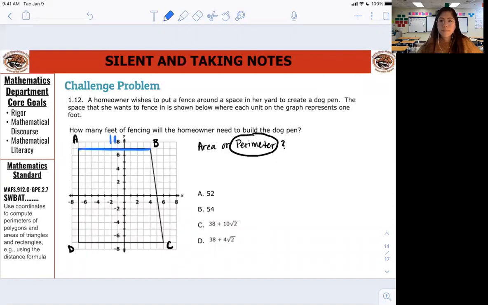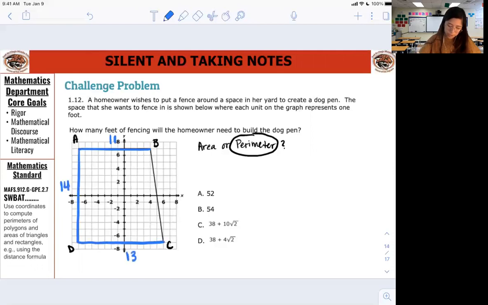What else? AD was 14. Good. Keep going. DC is 13. Good. Now that last one, can't count it up.